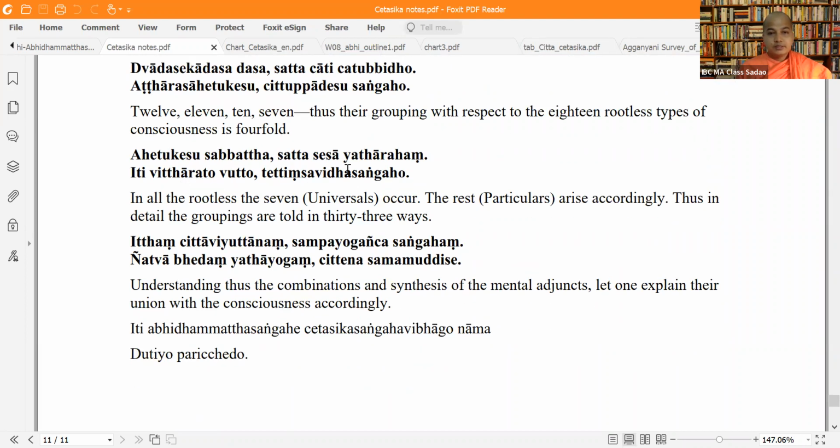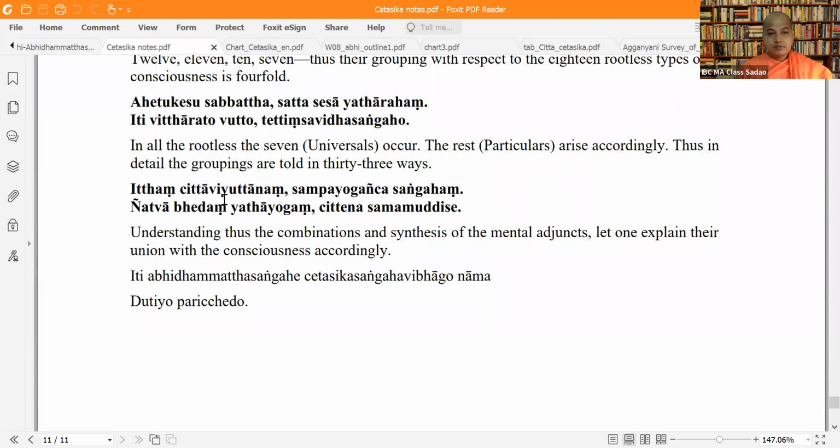Ahetukesu sabbattha satta sesa yathariham iti vitthārato vutta tettimsavidha sangaho. In all the rootless, the 7 universals occur, the rest particulars arise accordingly. Thus, in detail, the groupings are told in 33 ways.